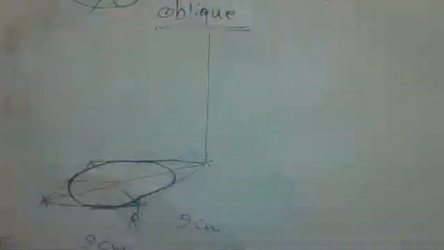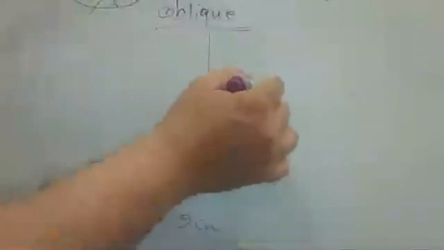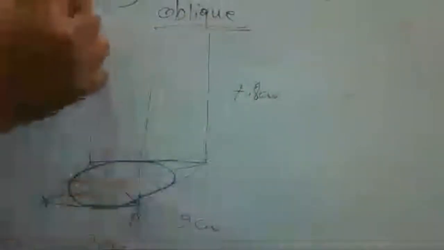This is the height from the first point. How much? 7.8 centimeter. Okay. Now we can draw also from here 7.8, from here 7.8, 7.8.